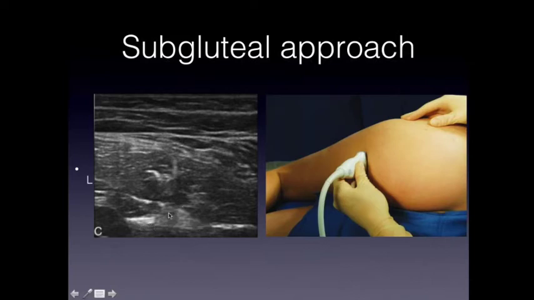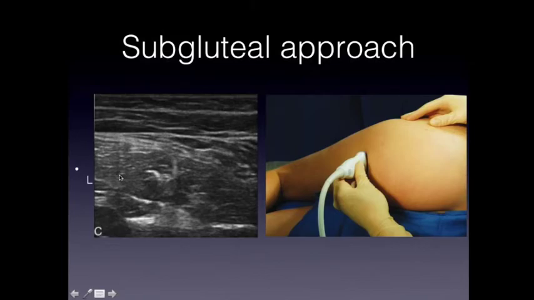The contrast between the sciatic nerve, which is predominantly hyperechoic, and the muscles, hypoechoic, is what makes it possible for us to depict the sciatic nerve. But here you can see we use a linear transducer, which makes the resolution much better and makes it easier to identify the nerve. This is another image at the same level.